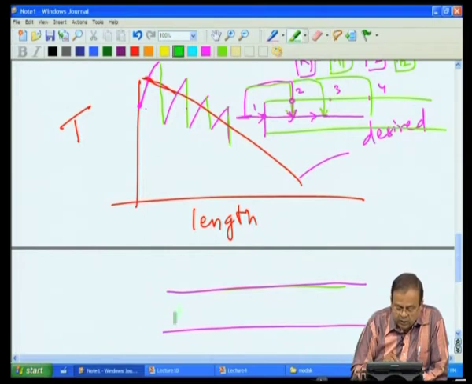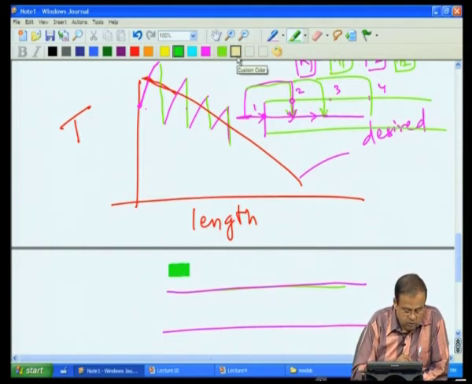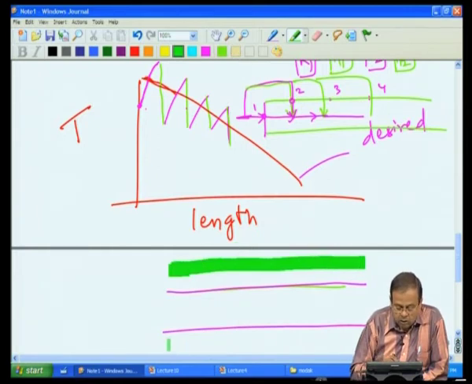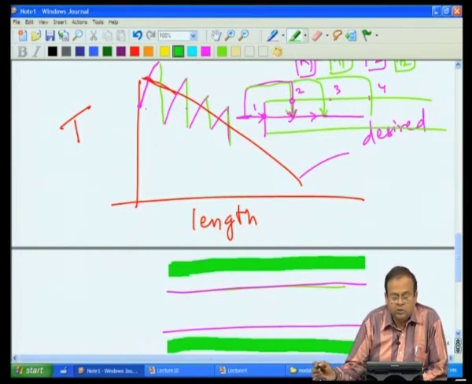Let us say that my reactor is actually surrounded by a shell. Okay. So, this is my reactor.